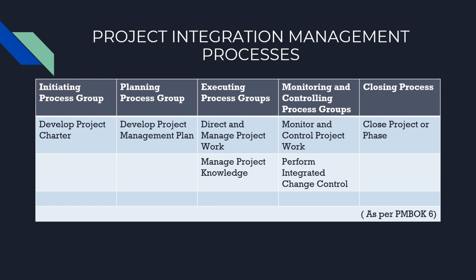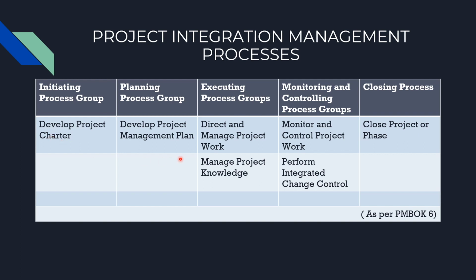So let's understand the different processes under project integration management. This is the key area which has a total of 7 processes, and it is part of each and every process group. In the initiating process group, there is one process, which is develop project charter.